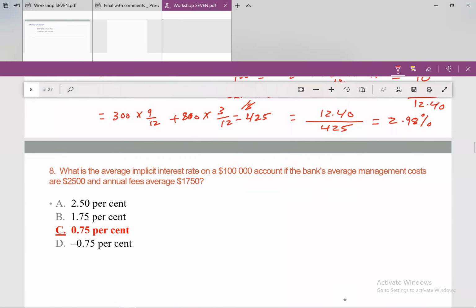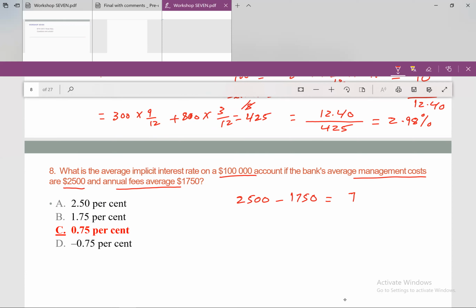Let's go to the next problem. Which of the following implies interest of 100,000? So actually, you have 100,000. If the bank's average management cost is 2,500 and the annual fees is 1,750. So actually, the bank is giving 2,500 as interest and charging you 1,750.